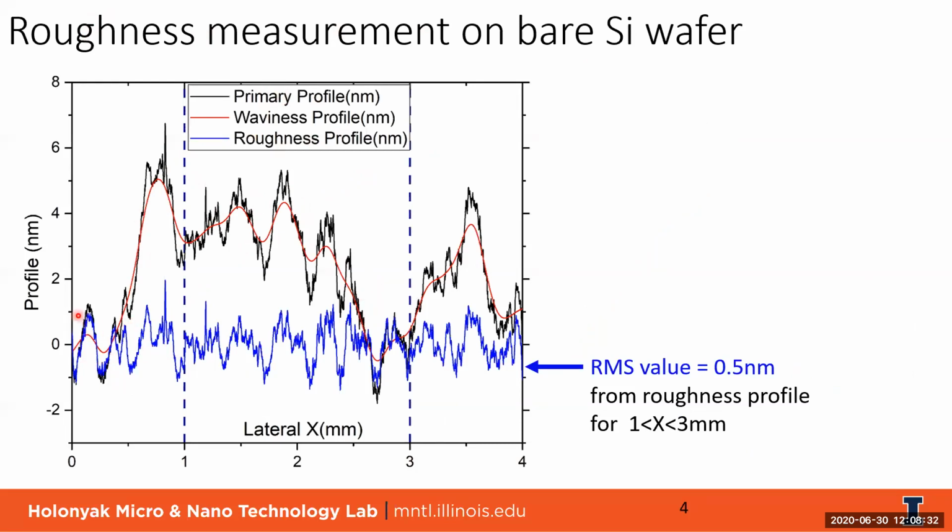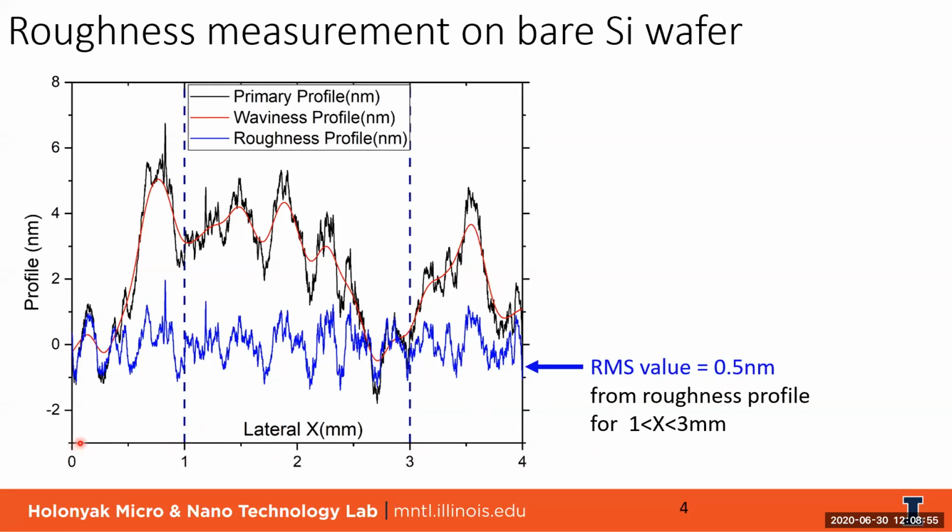If we focus on the blue curve, the roughness profile, you can see the peak to peak is about 1 nanometer. If you apply the root mean square equation, what we generally do is choose the middle section, because too close to the end or the beginning of the scan, the data may not be reliable.